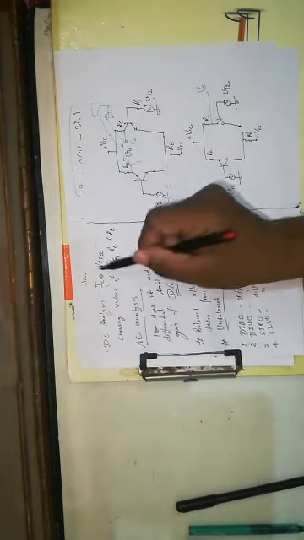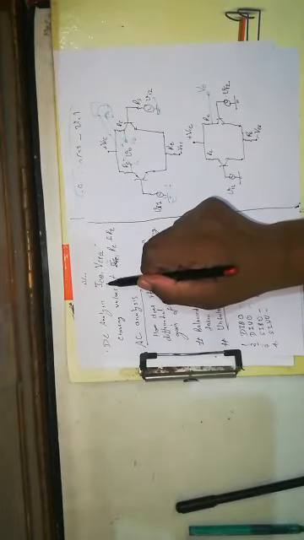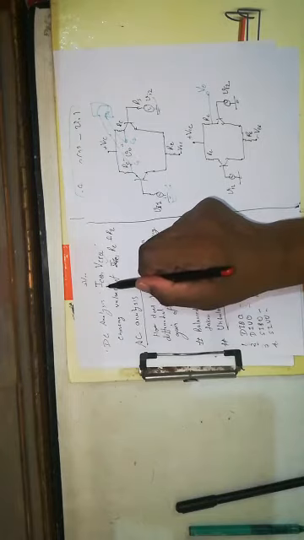As we are already familiar with the DC analysis of the common emitter, common base and other amplifiers, for the DC analysis we find the Q point. For the common emitter amplifier the two parameters are ICQ and VCEQ.